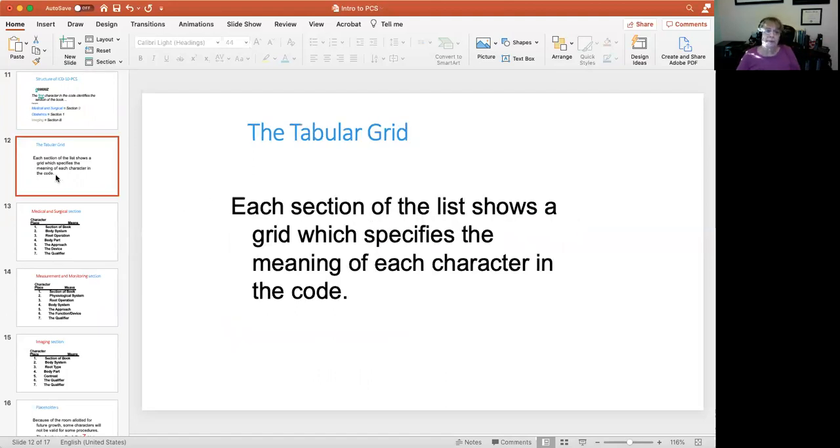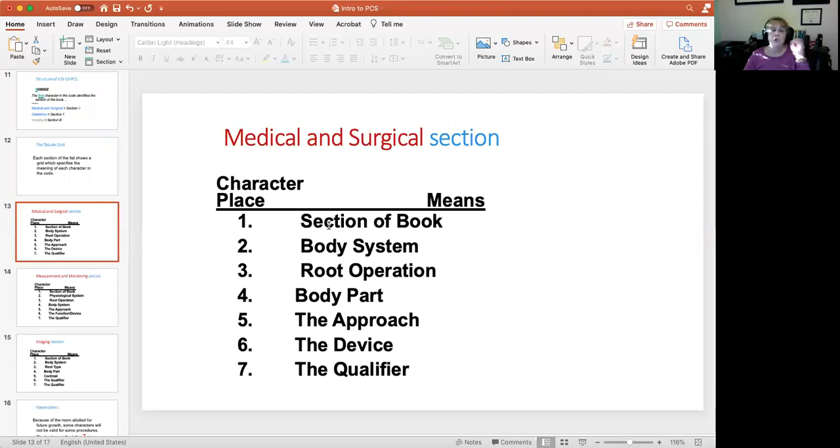Each section shows a grid which specifies the meaning of each character of the code. Once you get to the beginning of the med surg section, it's telling you the meaning of each of the characters that will create the 7 character code.